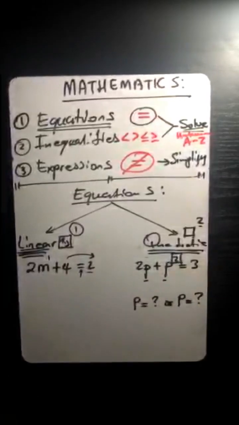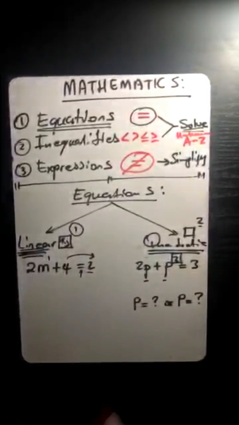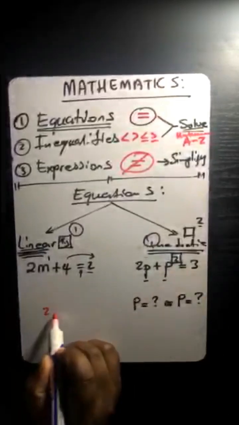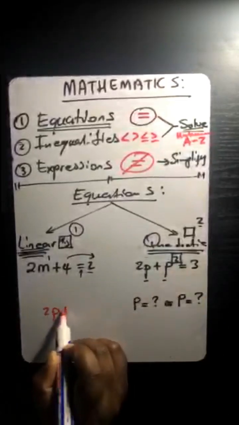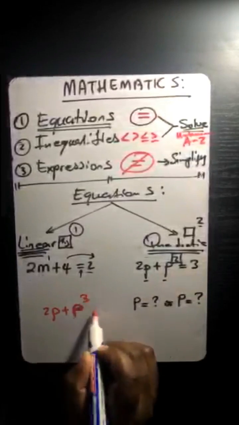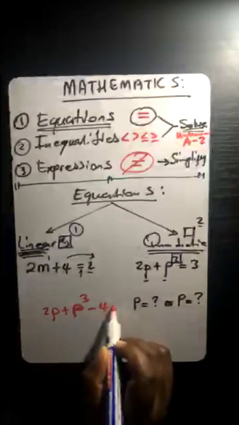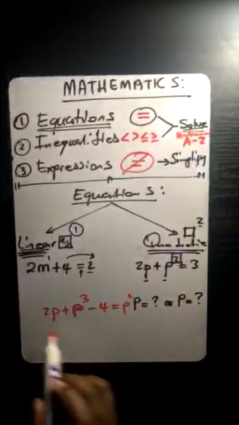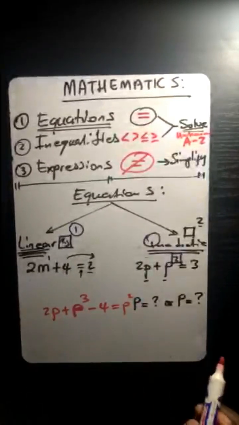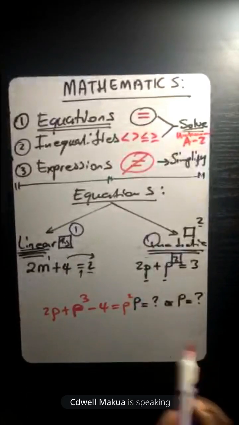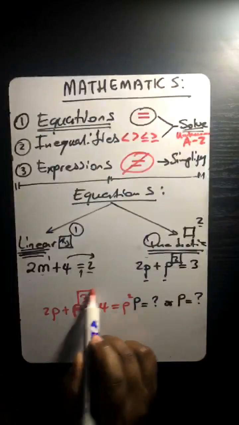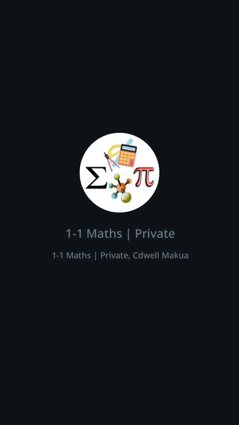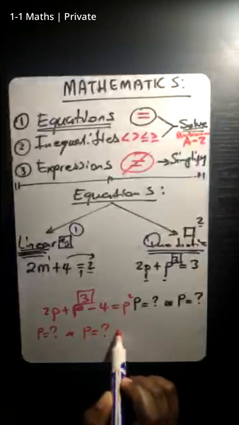So let's say we have 2p plus p cubed minus 4 equals to, let's say, p squared. What is the highest power there? It's 3. So that means you're going to have 3 possible values of p, or 3 possible values of the unknown.